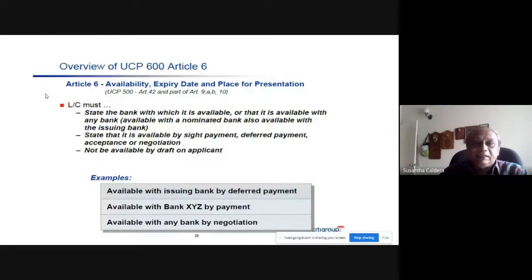It must state that it is available by sight payment, deferred payment, acceptance or negotiation.